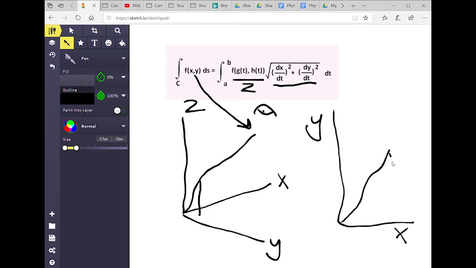Every little individual piece like that, this would be dx over dt. This would be dy over dt. So when you square them and you add them, that gets this length right here, right?